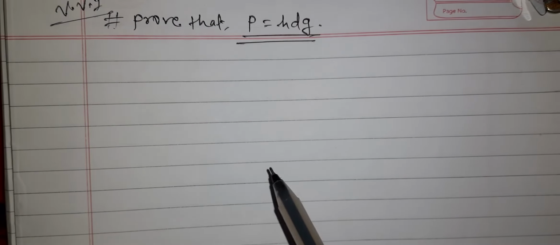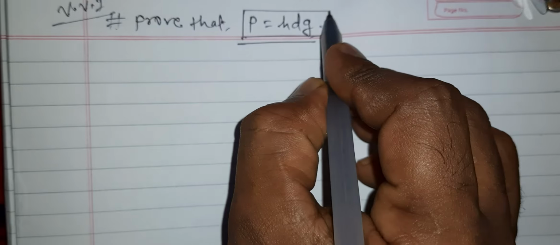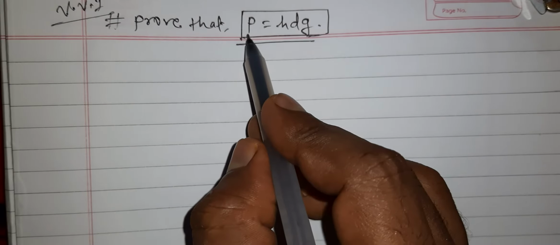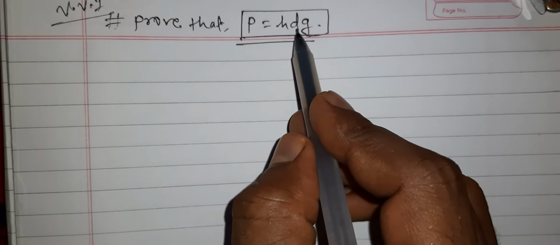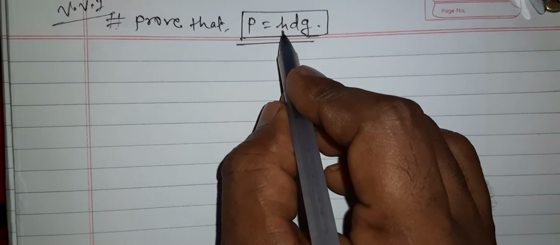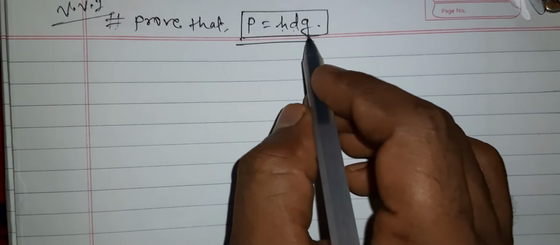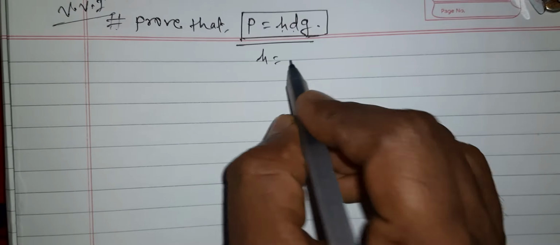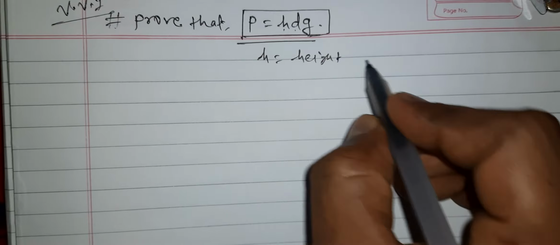Because in examinations this question has been asked many times. Okay, so first of all we have to see what terms are given in this formula. Let's see that the formula is P is equal to hdg. So first of all we have to know what is the meaning of h, what is the meaning of d and what is the meaning of g. So h means the height of the liquid.